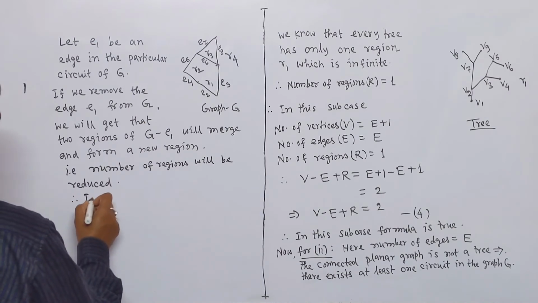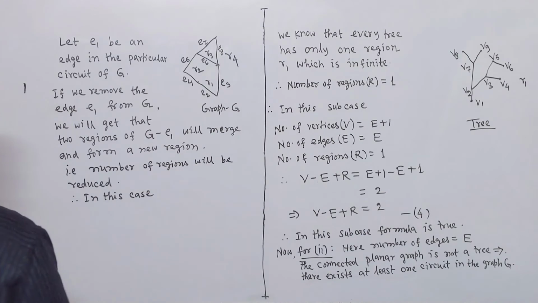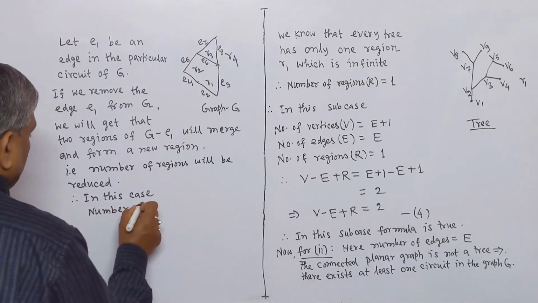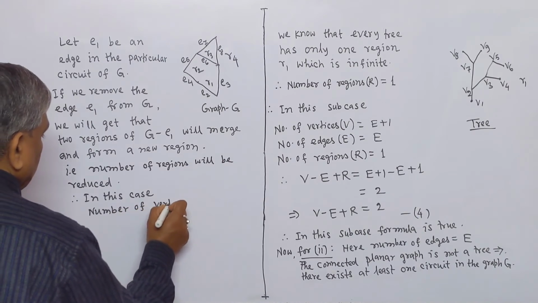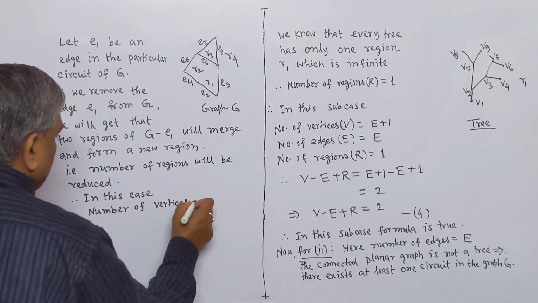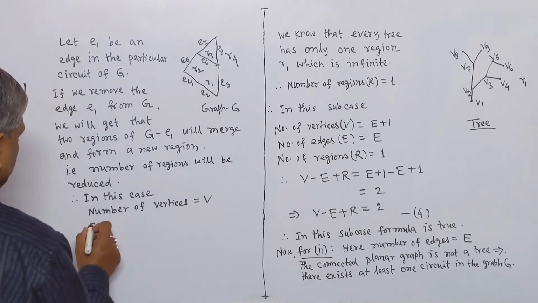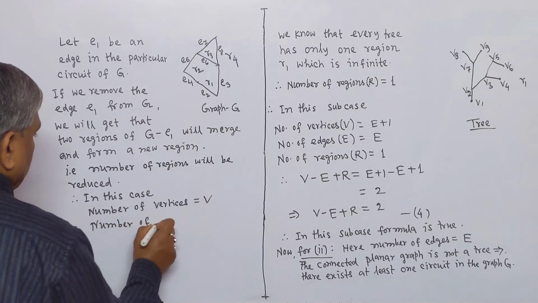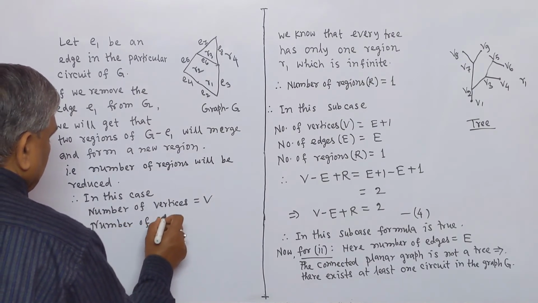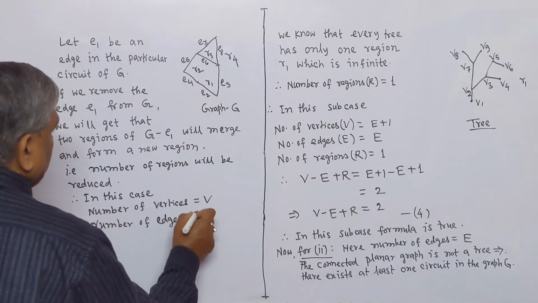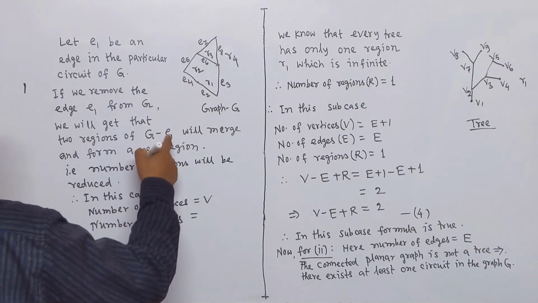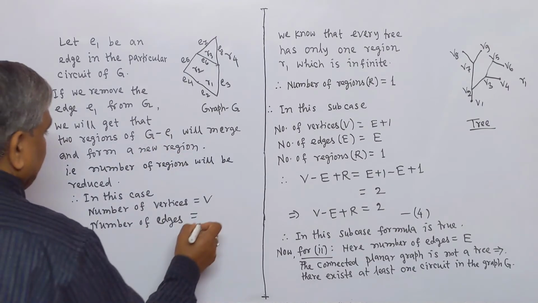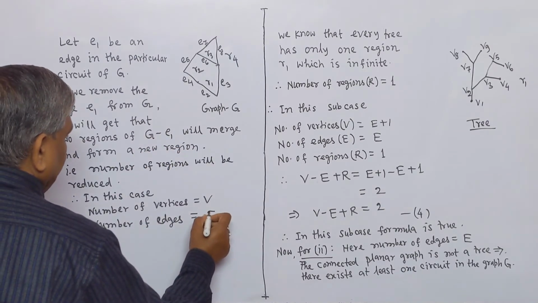Therefore, in this case, number of vertices V, number of edges. Here we have removed one edge E1, so the number of edges will be E minus 1.